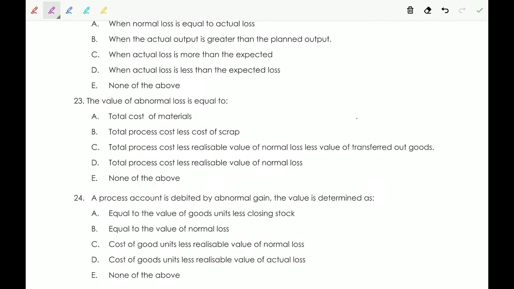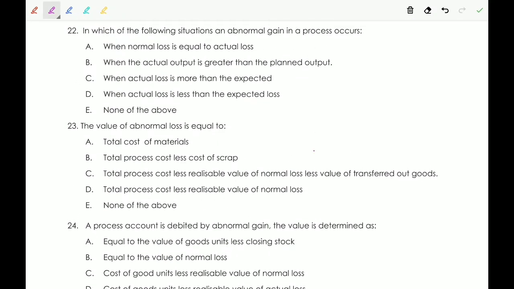Next, 22. In which of the following situations does an abnormal gain in a process occur? We are asking about abnormal gain. When normal loss is equal to actual loss? No. When the actual output is greater than the planned output?